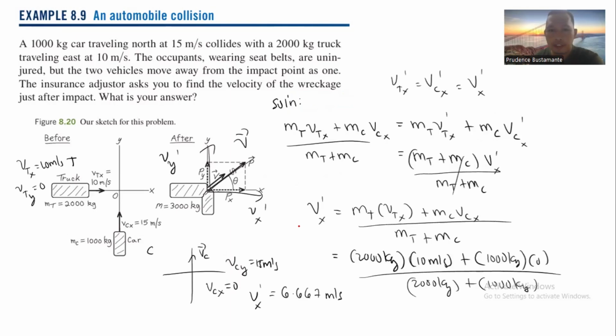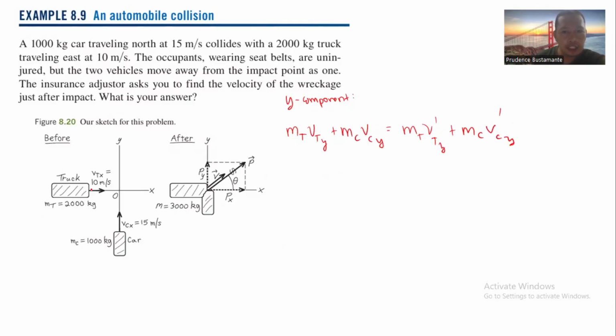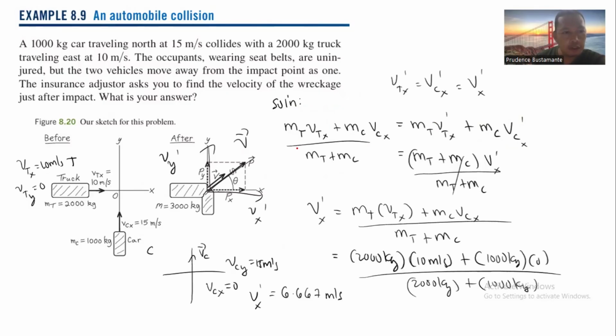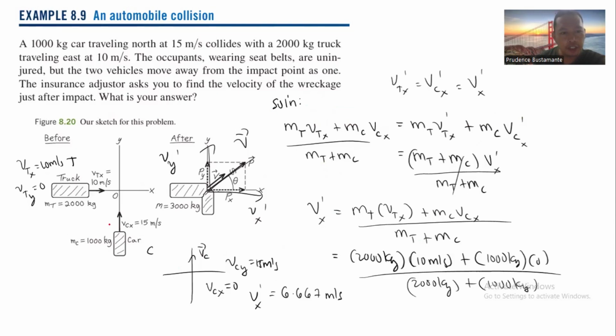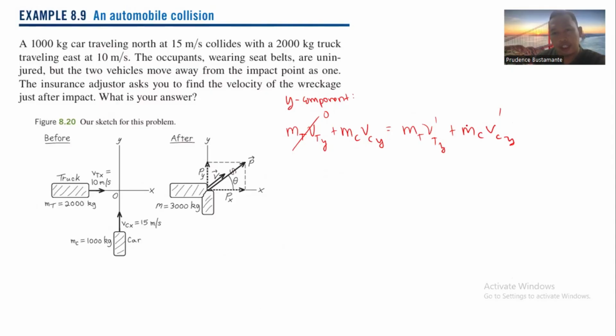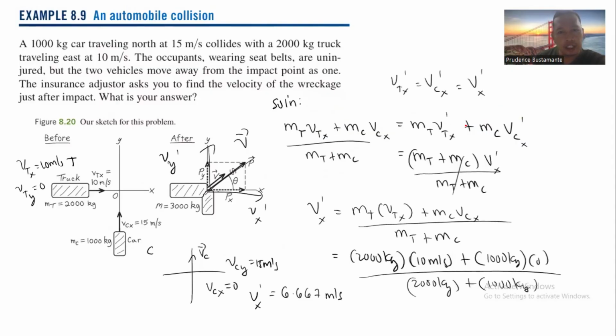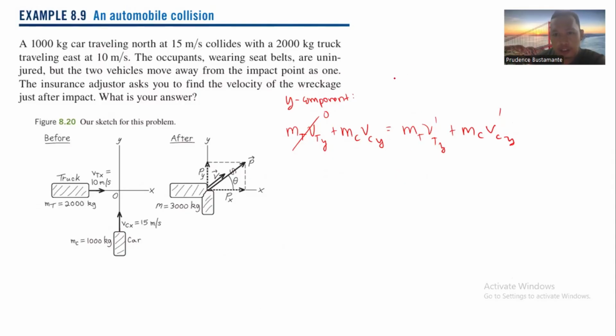Just like we said a while ago, the initial velocity of the truck along y is equal to 0. Only the car has velocity along y initially, and after the collision the finals are the same.